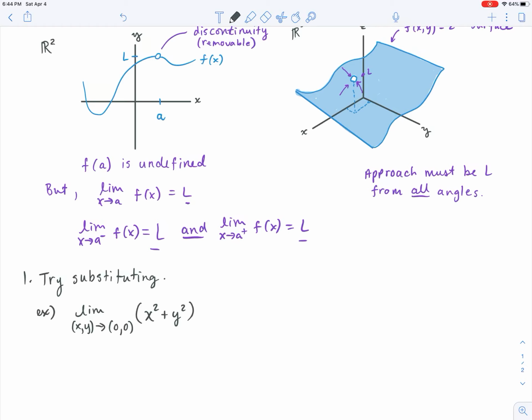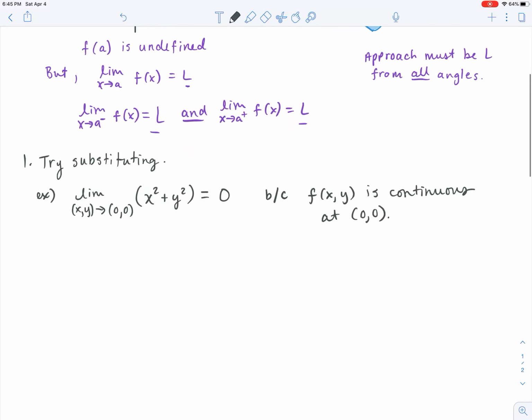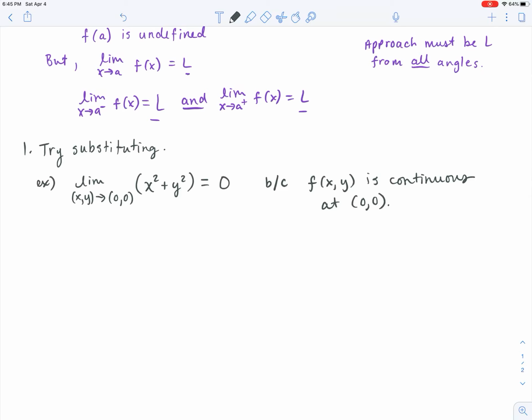There's a function in two variables. Well, that's just 0, and that's because f of xy is continuous at 0, 0. So when we're computing these limits, the first step is always to just try, if it's continuous at that point, if there aren't any discontinuities, and go ahead and plug in.